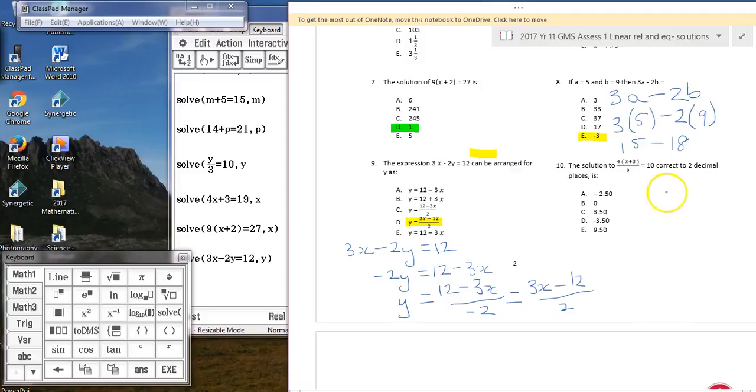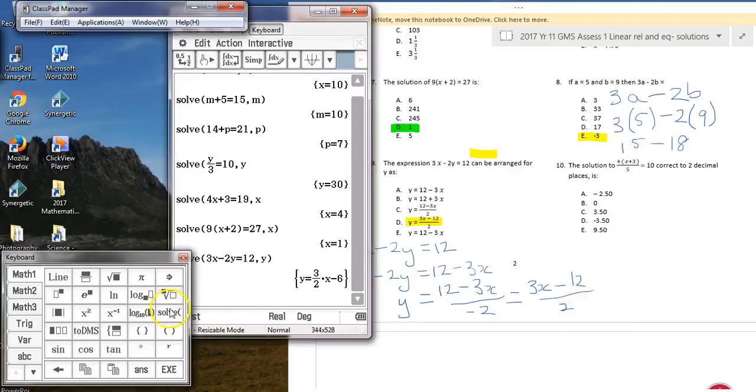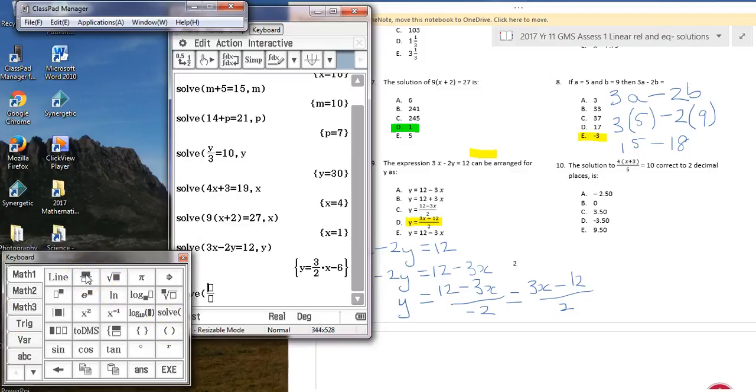For this problem here, you're actually finding a solution, and again you can use your calculator, so I'm going to do that right now. So go into your calculator again, solve. We need a fraction because we've got the 2 lines. 4 bracket x plus 3, arrow down on 5 equals 10, comma x, and the calculator will tell you.